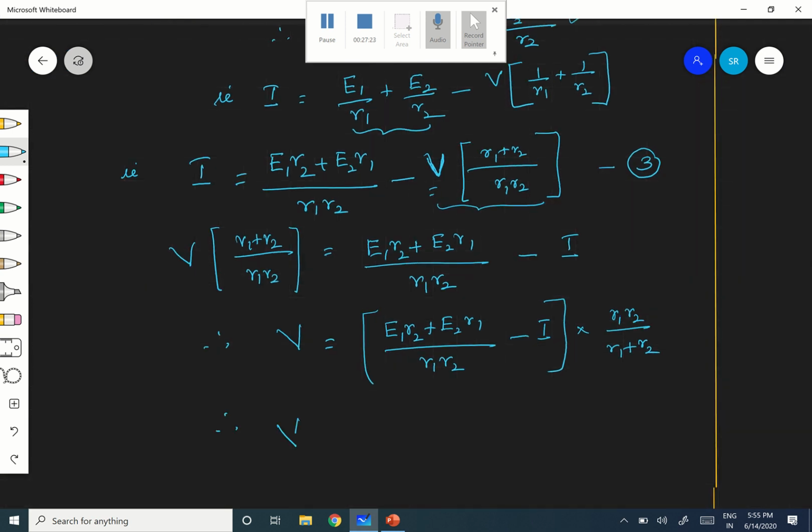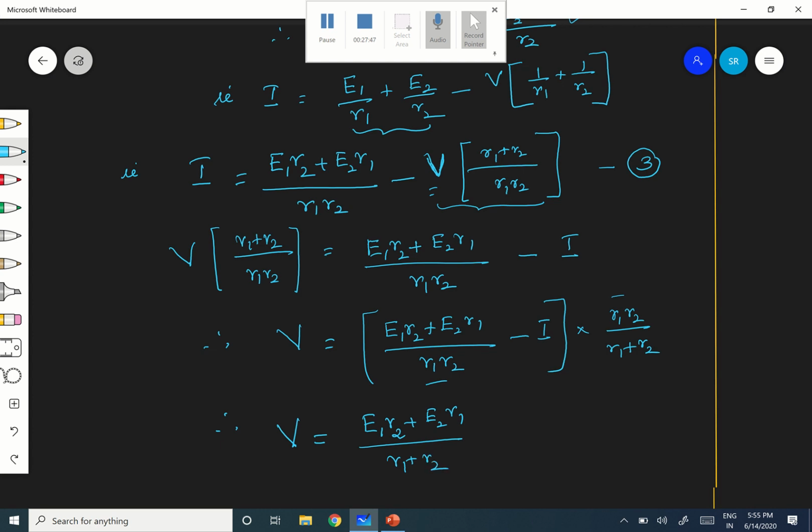Therefore, what is V? V equals E1 R2 plus E2 R1. This R1 R2 and R1 R2, this and this will cancel now. Therefore you will get divided by R1 plus R2 only.